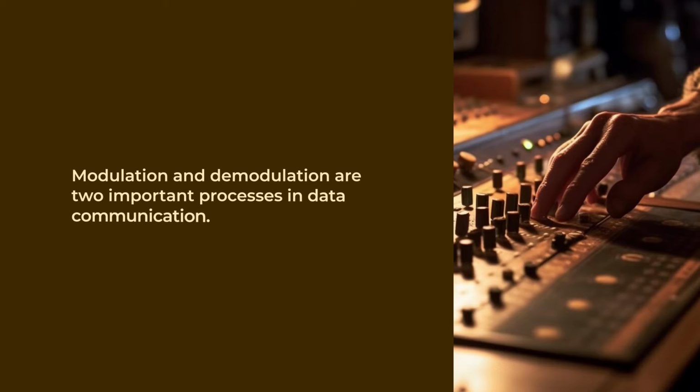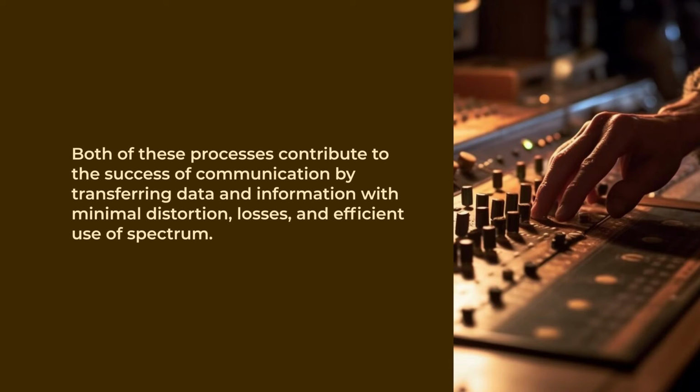Modulation and demodulation are the two important processes in data communication. Both of these processes contribute to the success of communication by transferring data and information with minimum distortion, losses and efficient use of spectrum.